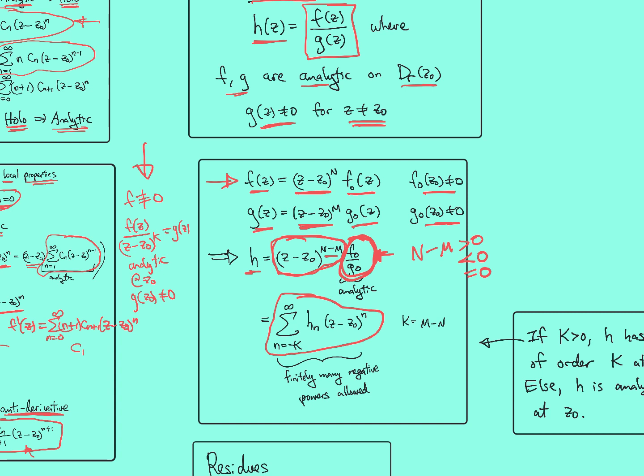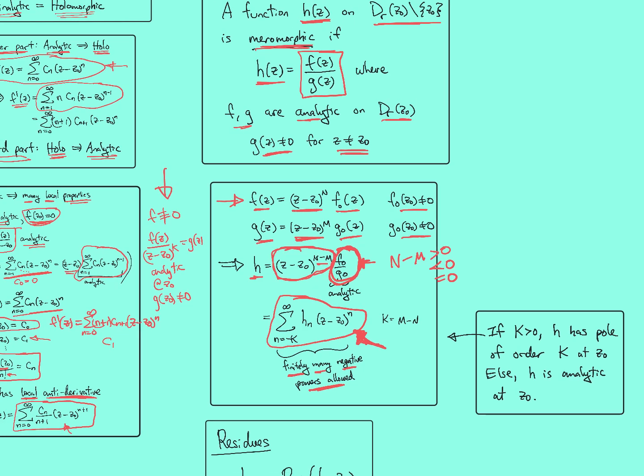So it's like a power series, but we allow some negative powers, only finitely many negative powers. And so this is maybe a better way to think of meromorphic functions. They locally have this generalized power series representation, where we allow a finite number of negative powers in our series representation.